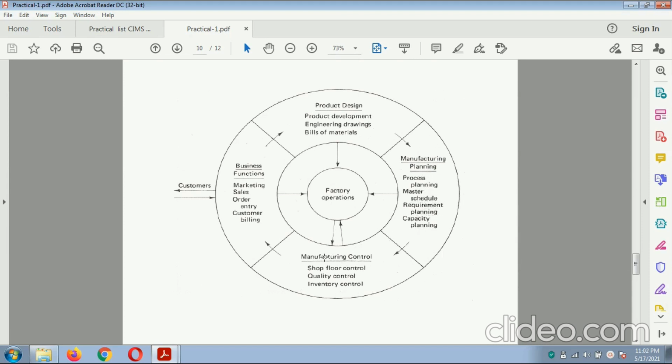Manufacturing control includes shop floor control, quality control and inventory control. In this way the whole system works in coordination, and each operation is performed with respect to the factory operation, whose output converts raw material into finished goods that can be supplied to the customer. This is the overall diagram related to the CIM wheel.